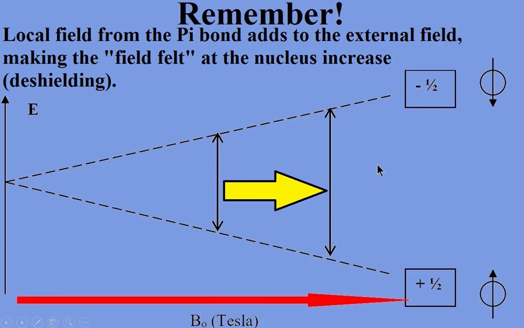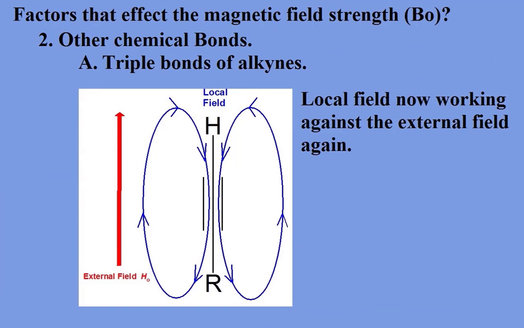So if we switch to a triple bond between two carbon atoms and look at the localized field produced by the pi electrons this time, as a magnetic field from the pi electrons, as it hits the hydrogen nucleus now, it's now working against the external magnetic field again.